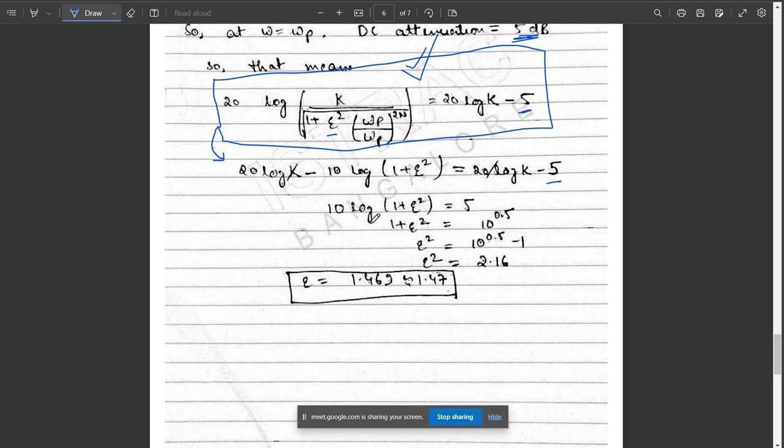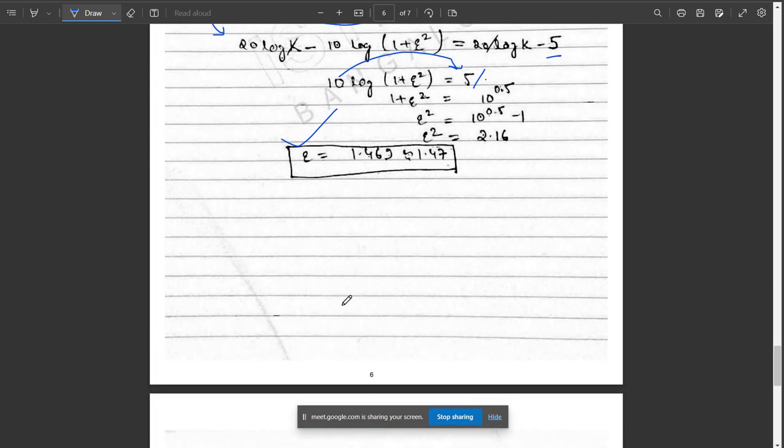So 10 log 1 plus epsilon square equals 5. 1 plus epsilon square equals 10 to the power 0.5, that is 5 by 10, and then log is gone. So epsilon square equals 1.469, equivalent to 1.447. Okay, any doubt here?